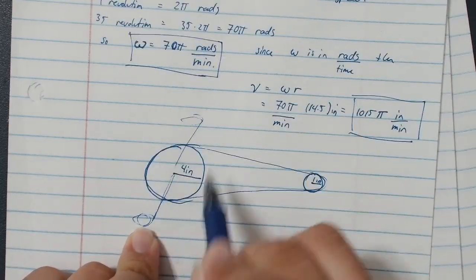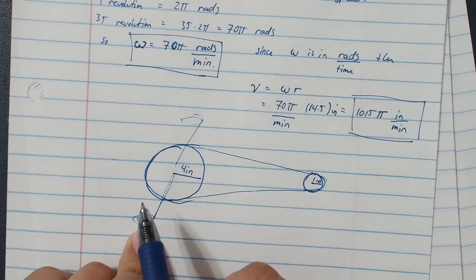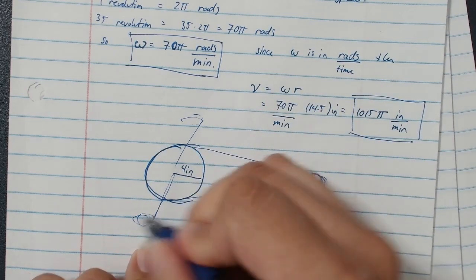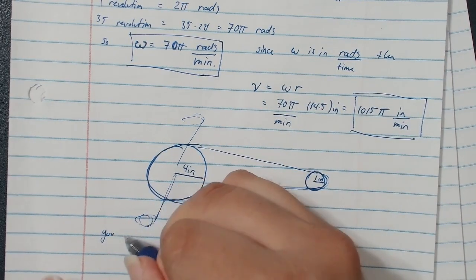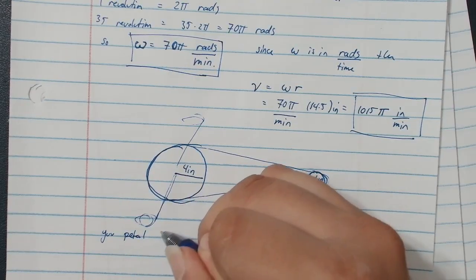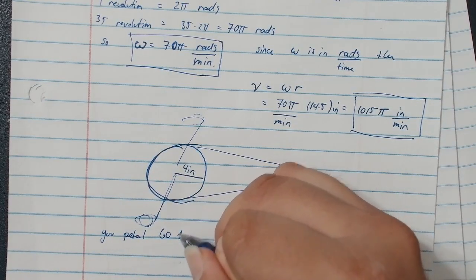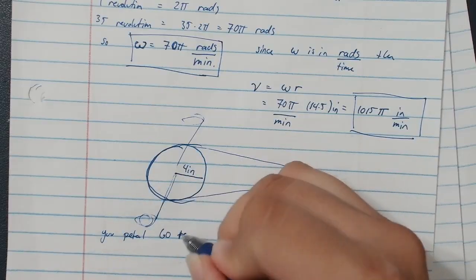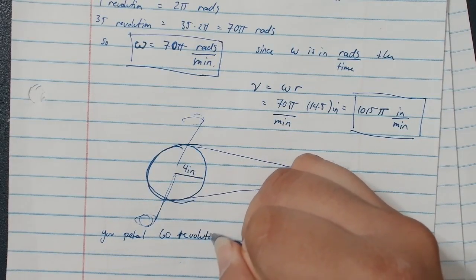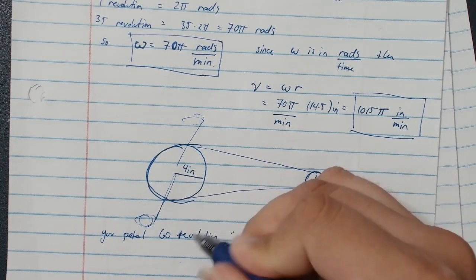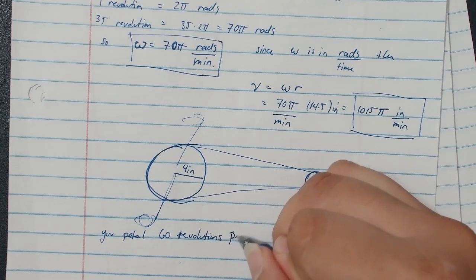All right, so we're going to spin here, and we're going to spin decently fast. Let's keep it a nice round number. Let's do 60 times in a minute. So you pedal 60 revolutions. This goes around 60 times per minute.